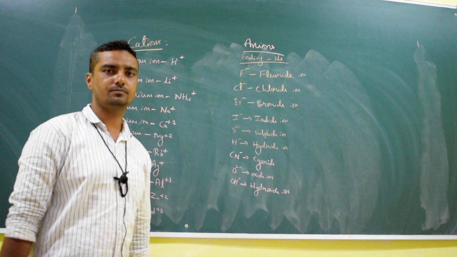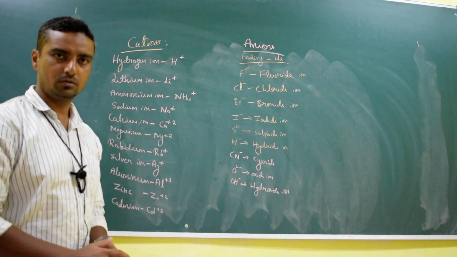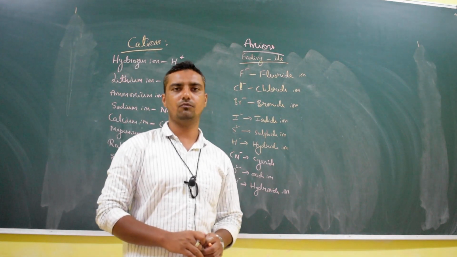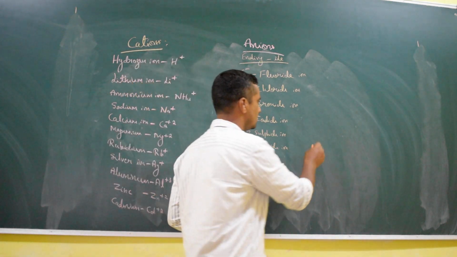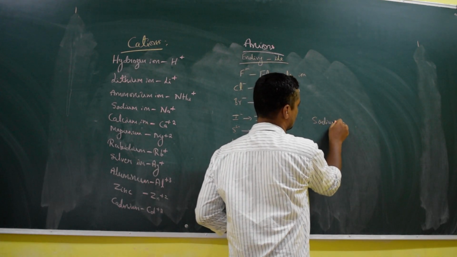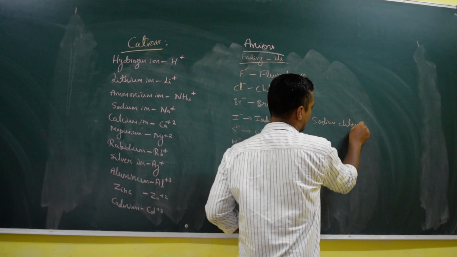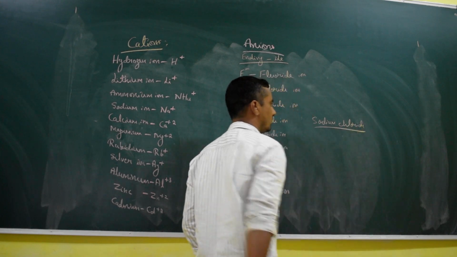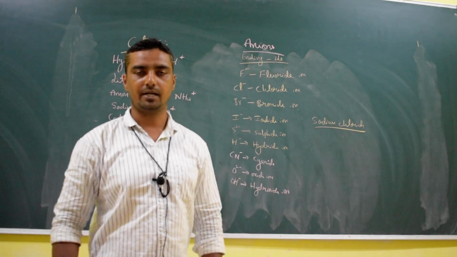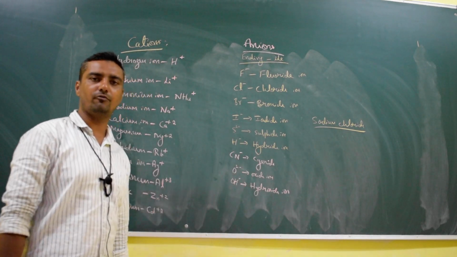I want to know the formula of sodium chloride. I don't know anything blankly, but I know the symbol of cations and I know the symbol of anions.